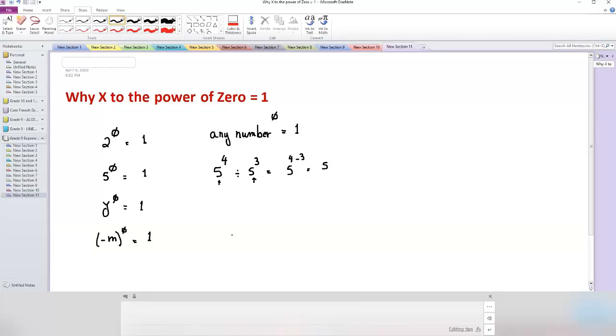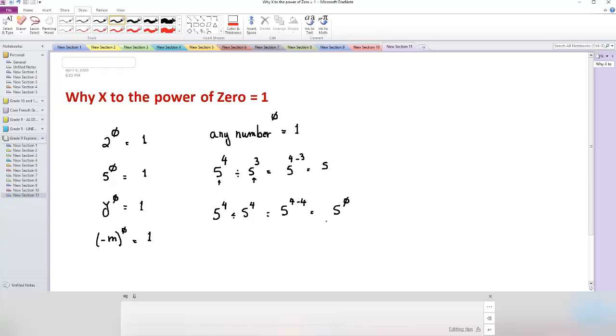So it's going to be 5 exponent 1, and we don't write exponent 1, we leave it as 5. But now if I have 5 to the power of 4 divided by 5 to the power of 4, it will give me 5 to the power of 4 minus 4, which is 5 to the power of 0.